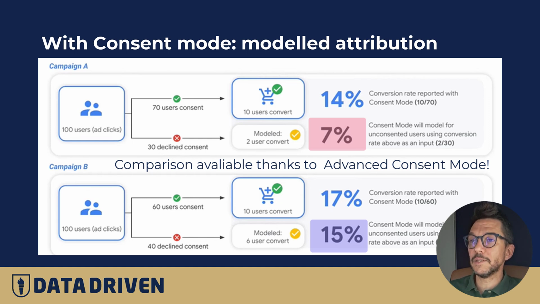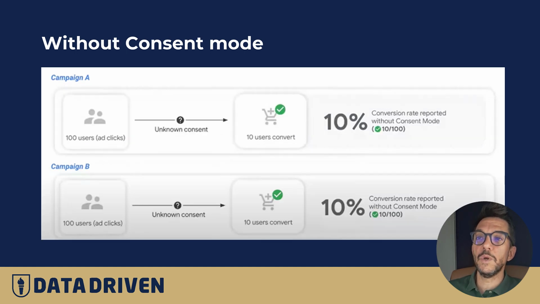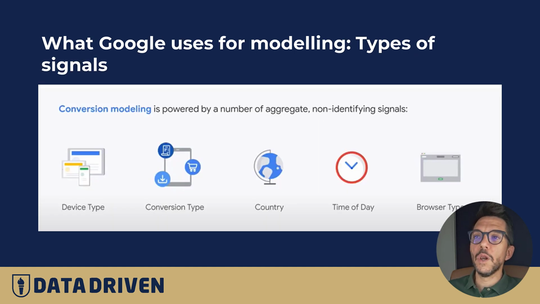Now, I find this comparison somewhat of a fallacy if you compare it with the previous one. Number one, because fewer users convert overall, and then also the modeling here is completely arbitrary, and actually these numbers are skewed to fit whatever Google was trying to explain to us. So what does Google use for modeling? Device type, conversion type, country, time of day, and browser type.